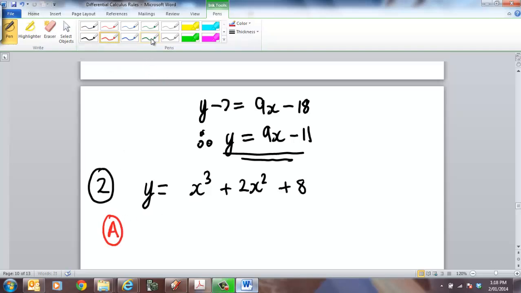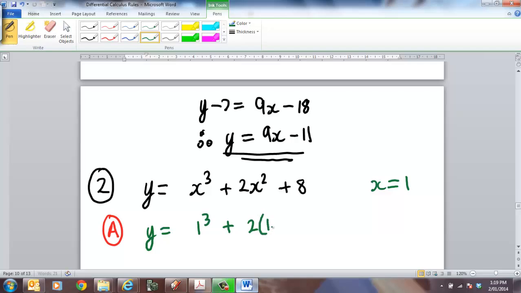We're going to do this when x is equal to 1, just because it's easy to do the calculations. So y is equal to 1 cubed plus 2 times 1 squared plus 8. 1 cubed is 1, plus 2, that's 10, plus 8 is 11. So the point that we're looking at is (1, 11).